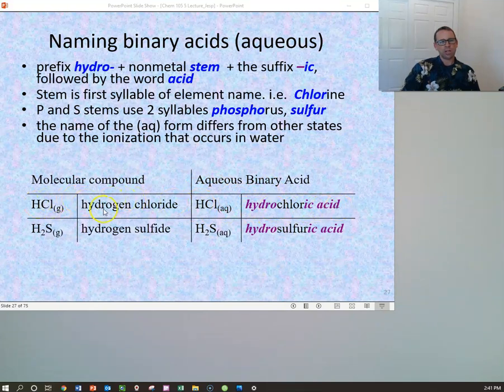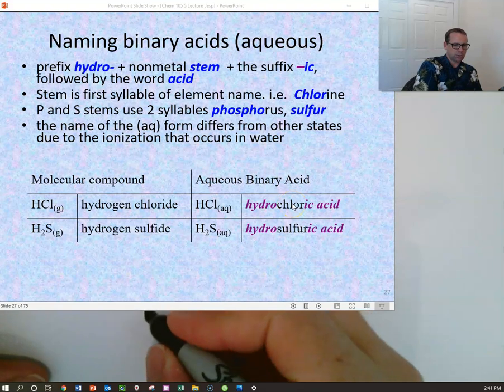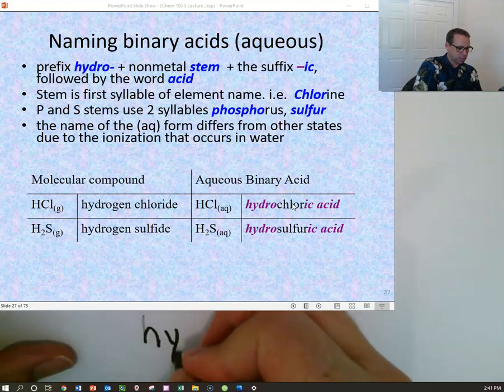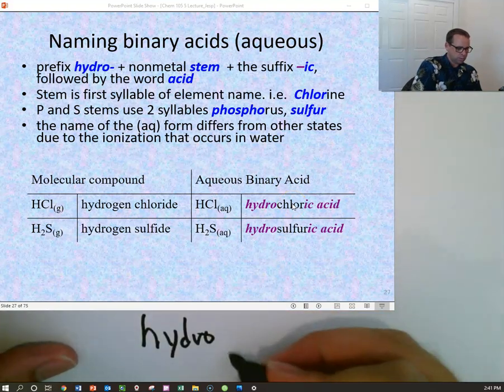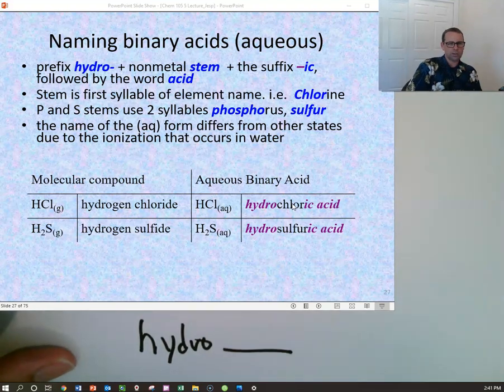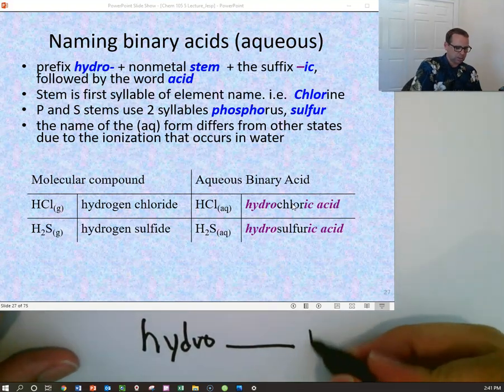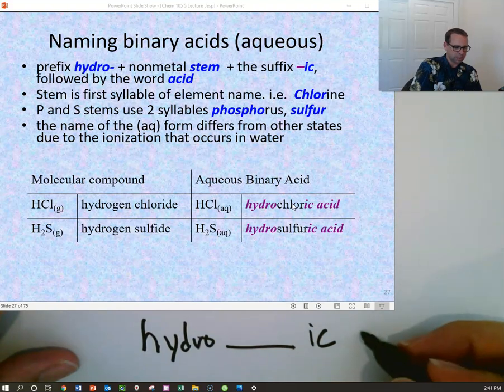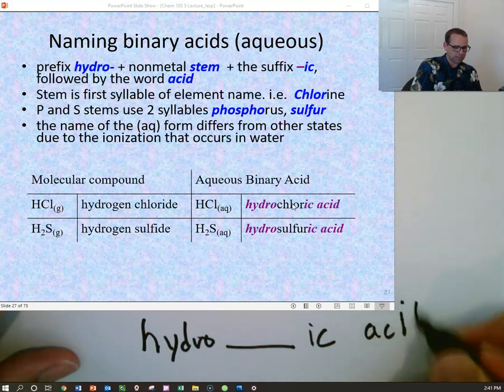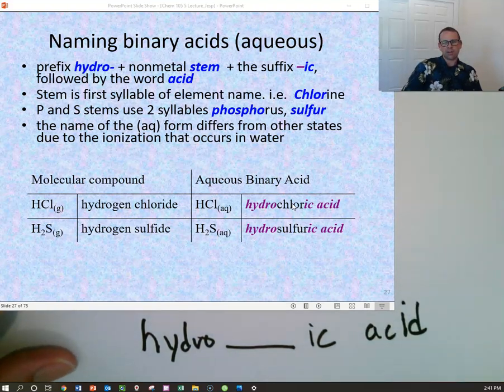So we took the hydrogen and the chloride and we changed it to hydrochloric acid. All right. This model I like to call the hydroblankic because it follows this hydro blank, and you fill that in with the other atom, and you end it with ic, hydroblank ic, and then you say acid. All right. Now this is just for binary acids.